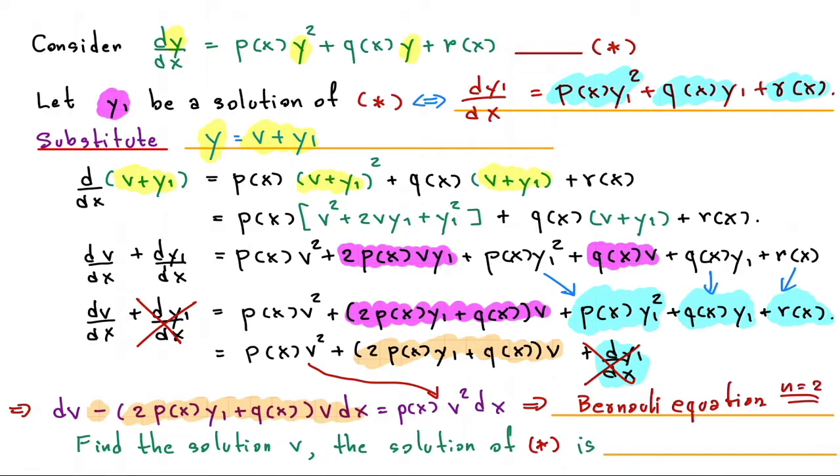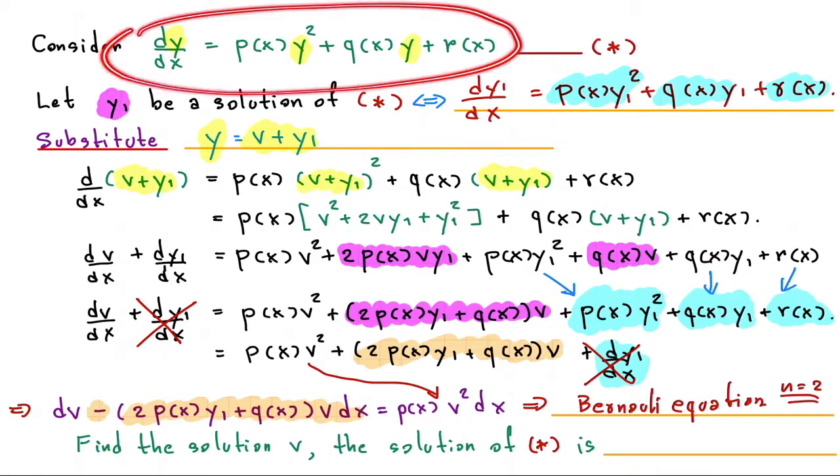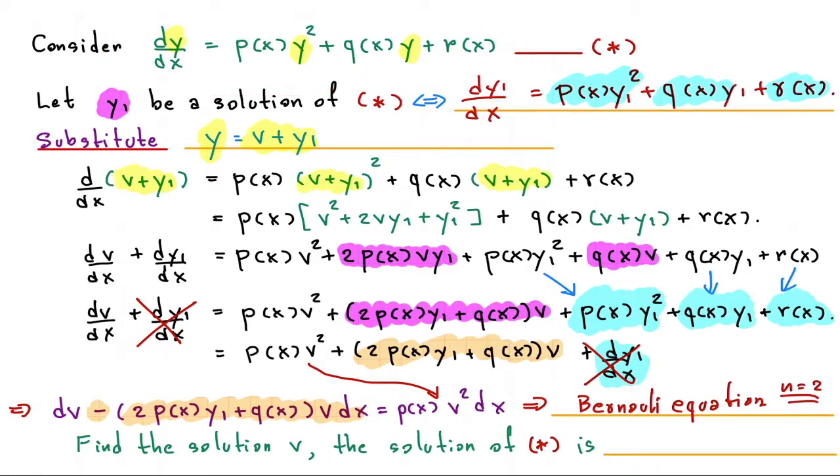Okay, so once we find the solution v, the solution of this equation is actually v plus y1, right? Because our solution is actually y, right?